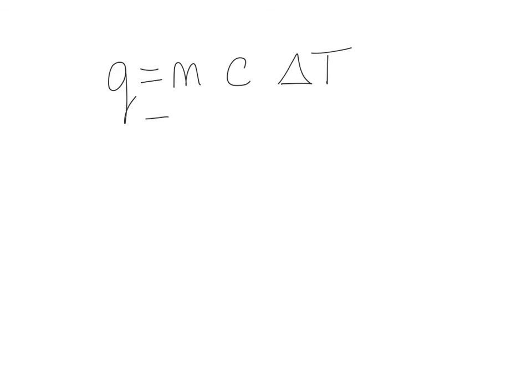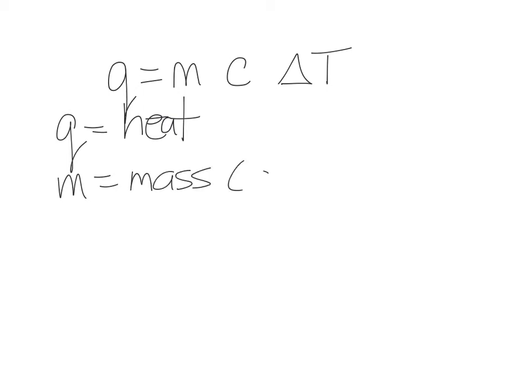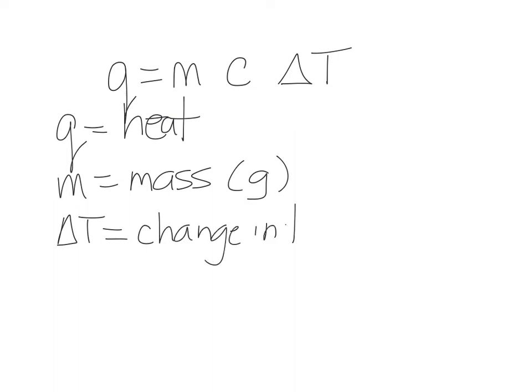So Q is heat, M is mass, this is measured in grams, delta T is the change in temperature, and it's measured in degrees Celsius, and it's always T final minus T initial.